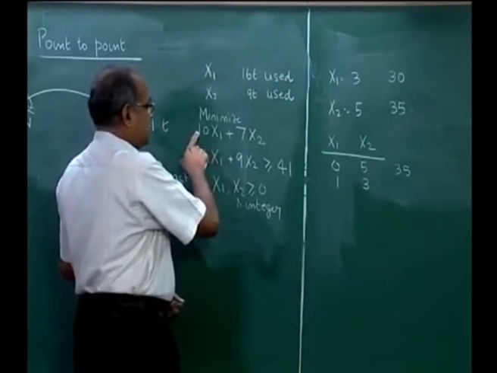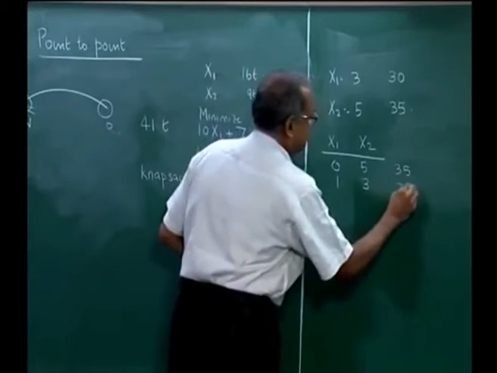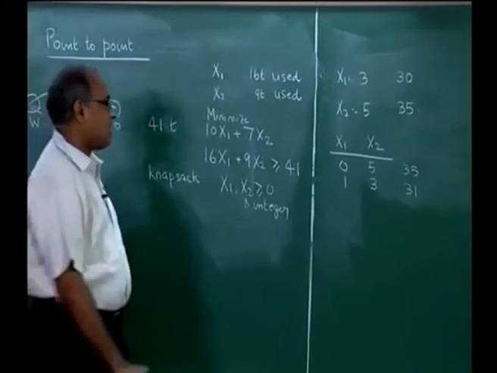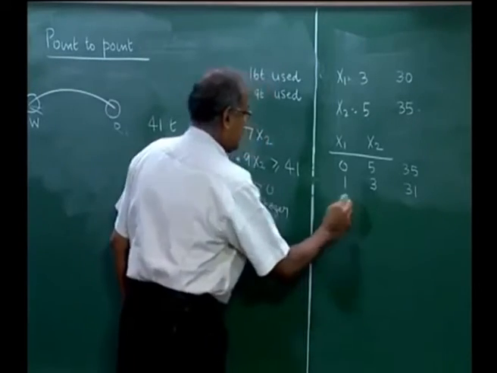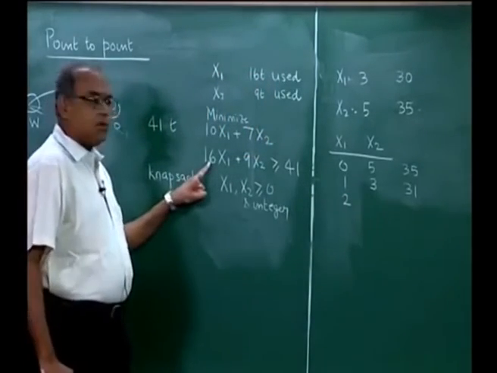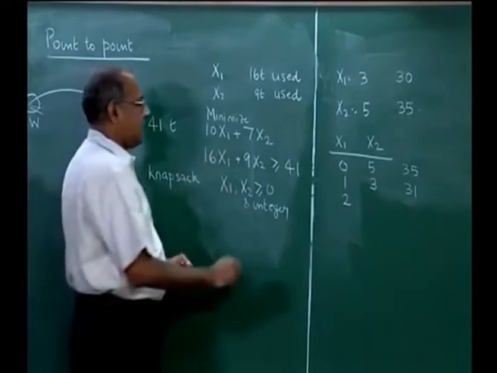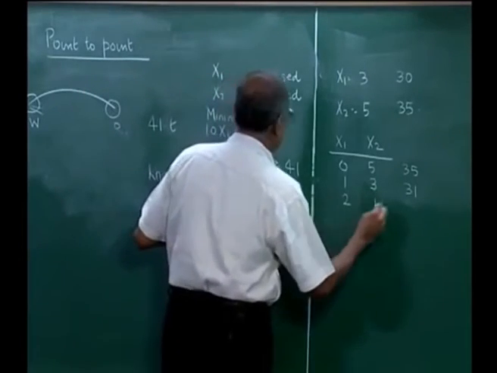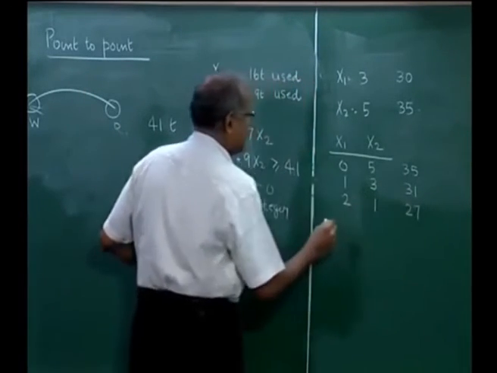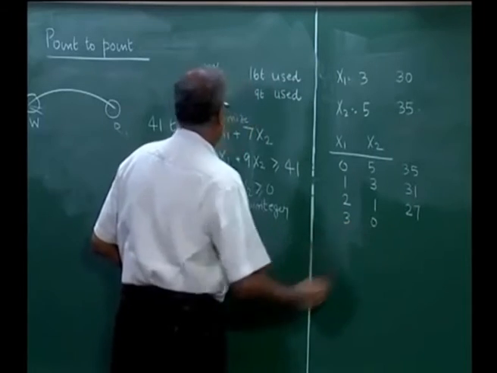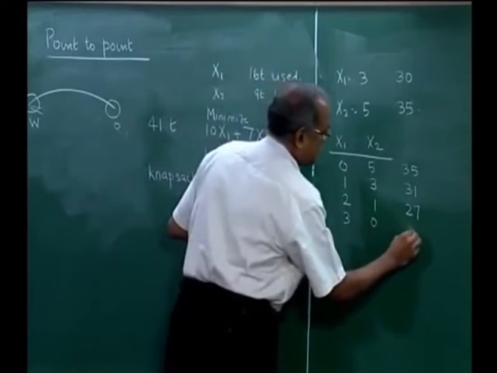So, 1 into 10 is 10 plus 21 is 31. If I have 2 of this, so I have 32 out of this, I require only 1 of the 9-ton. So, 2 comma 1, I will have 27, and 3 comma 0, I will have 30.